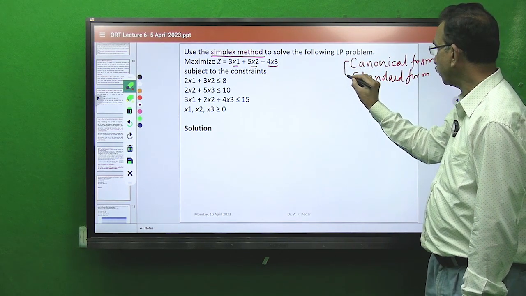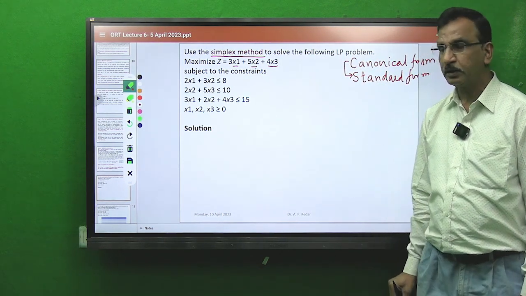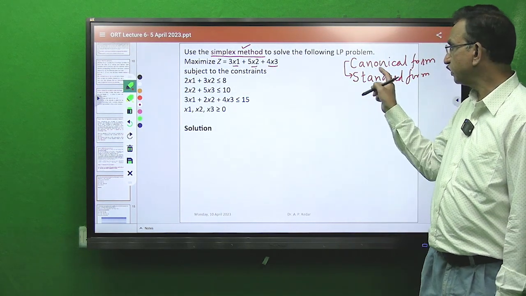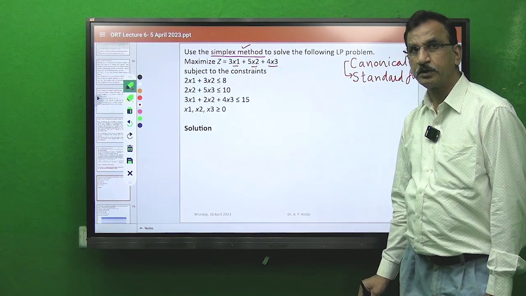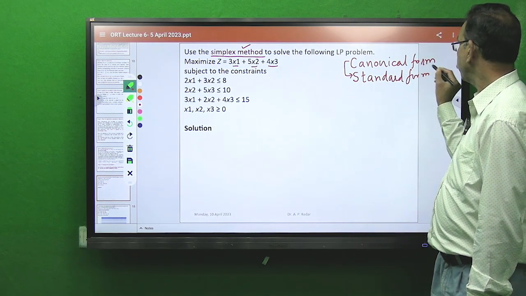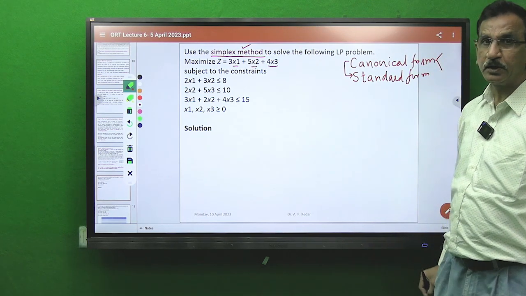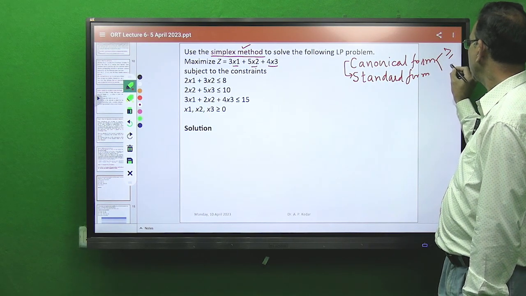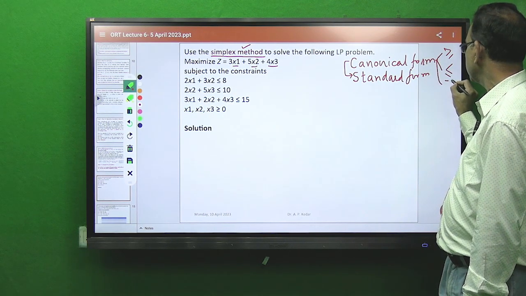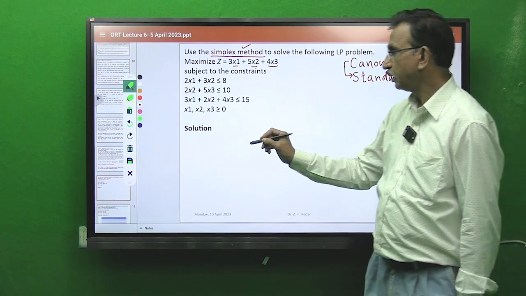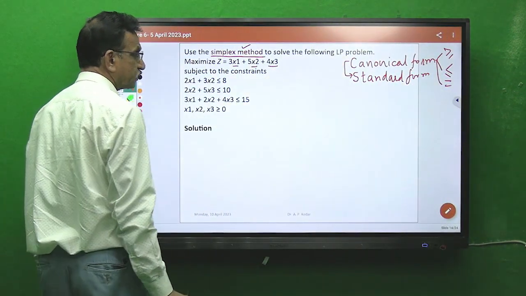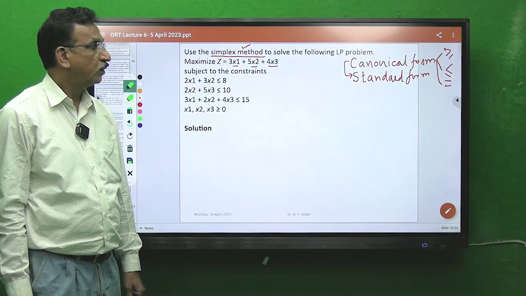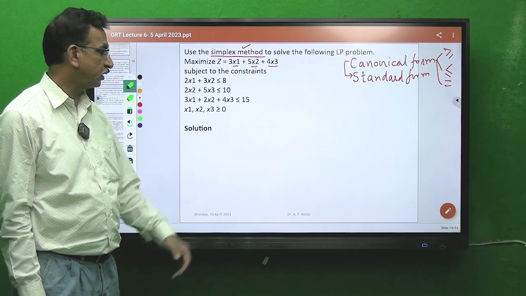So canonical form formulation to be converted into standard form before you proceed for finding its solution by Simplex method. This is the very first step, and we have seen that in canonical form we are having basically three types of inequation. One is greater than equal to, other is less than equal to, and third variety is equal to. And if you remember, we have discussed how to convert this greater than equal to or less than equal to or equal to into standard form.